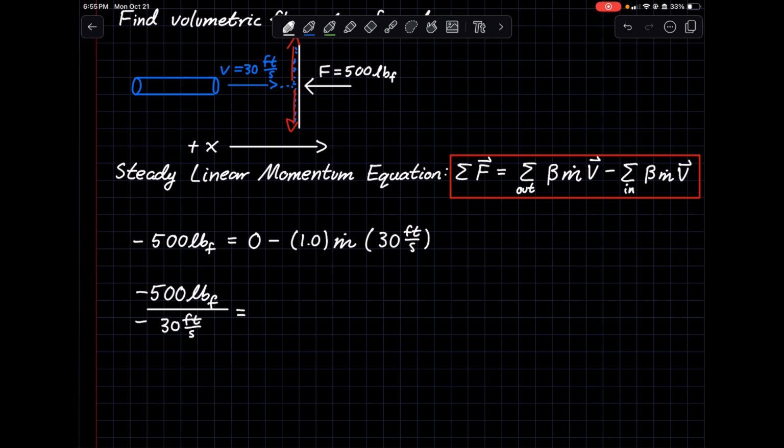So this would be 500 over 30, which is 16.66 repeating, pound force seconds per feet. That is not what mass flow rate should be, because mass flow rate is pound mass per second. It's mass per unit time. So we can probably convert this.